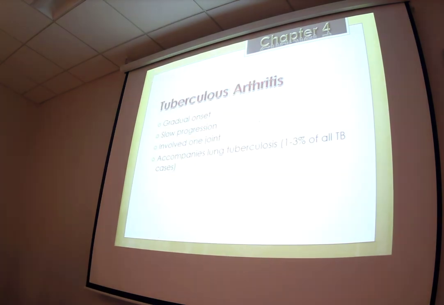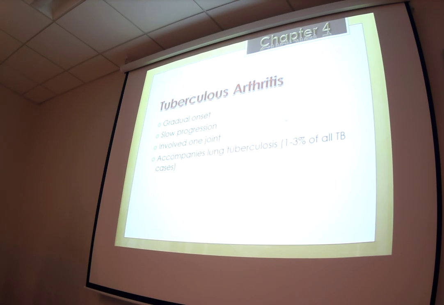We're going to go back real quick and talk about tuberculous arthritis. So tuberculous arthritis essentially is a disease in which there's a pathological change to some tissue or organ of the body. It is a gradual onset. This will usually affect the spine, the hip, the knee.